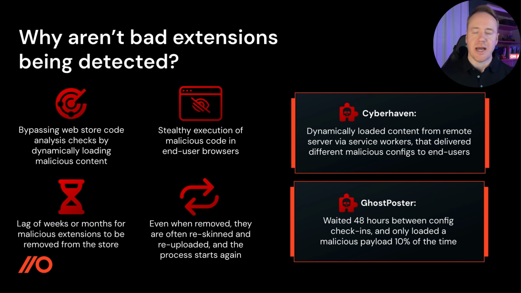One is to dynamically load content, where they've got kind of short chunks of benign code that then load the malicious code from external sources, and they do it dynamically at runtime, so that if you're doing static analysis of just the extension at a point in time, you're not going to see those malicious features.